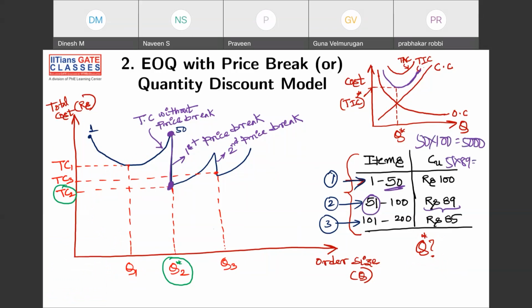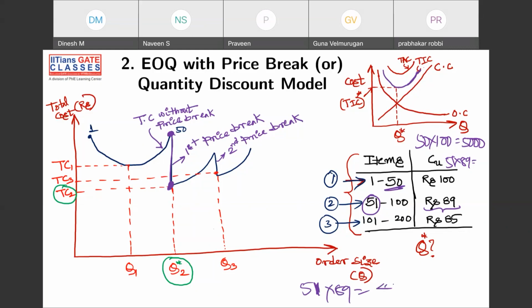Please do the calculation. Tell me what is 51 into 89? Calculator, come on. 51 into 89 is 4539.